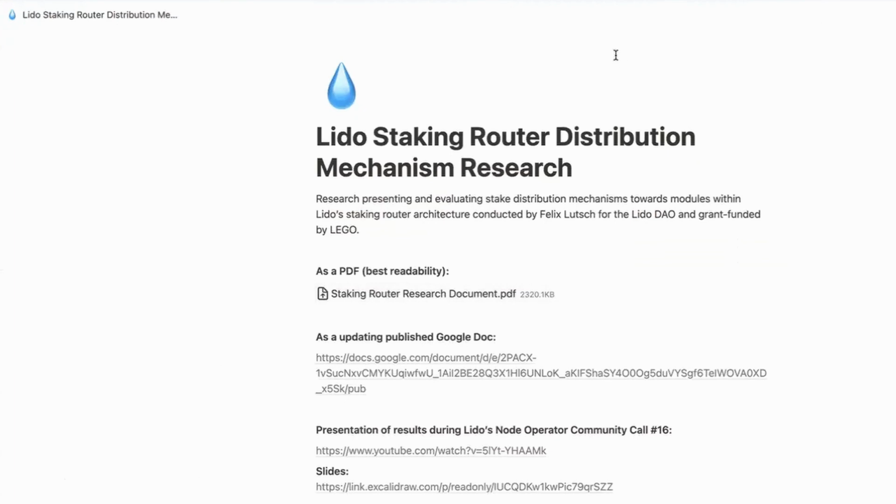And now we're getting DVT, which is all but simple, but that's what we're calling it anyway. We have the CSM coming up, and they all have different risk profiles, right? DVT has a different risk profile from the curated set, and also from the CSM, which has the bond, of a size to be determined at a later date.